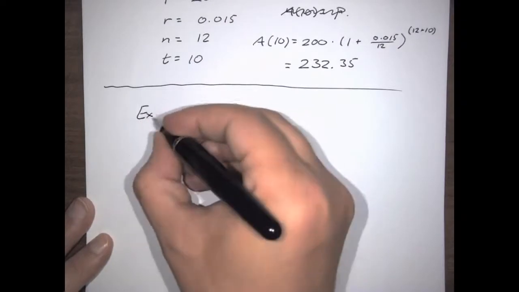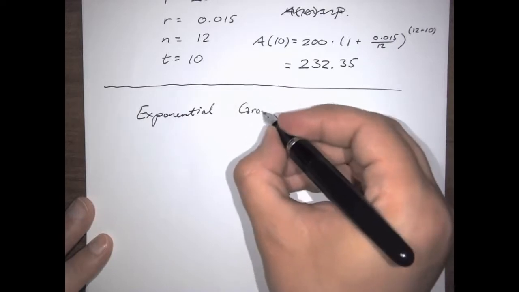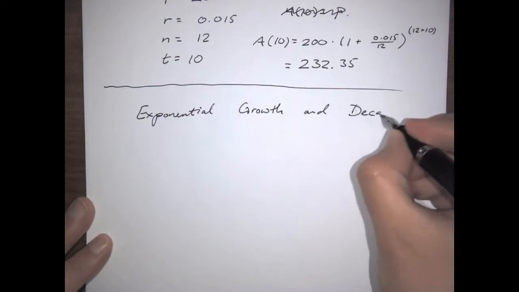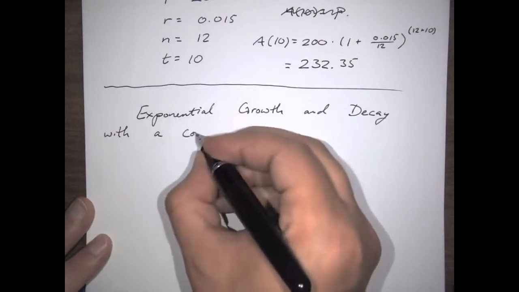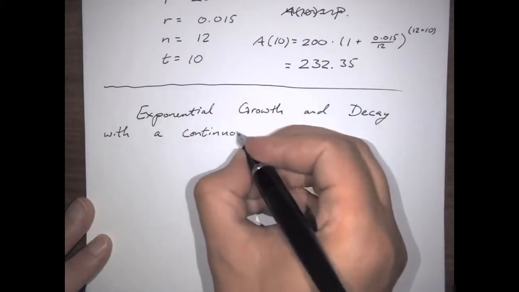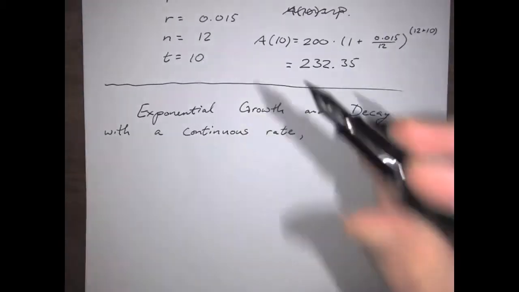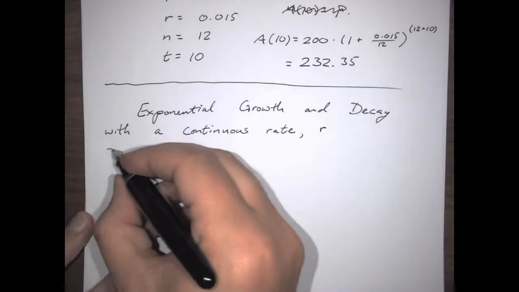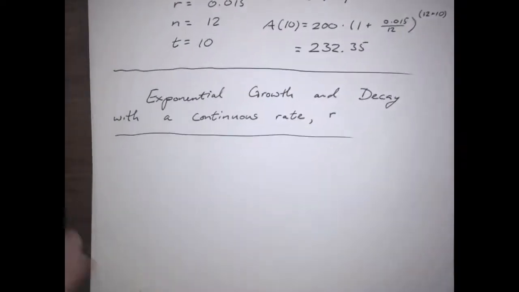So, exponential growth and decay with a continuous rate R. This is an alternative way of expressing exponential growth, and the key word here is continuous. The continuous is the giveaway.